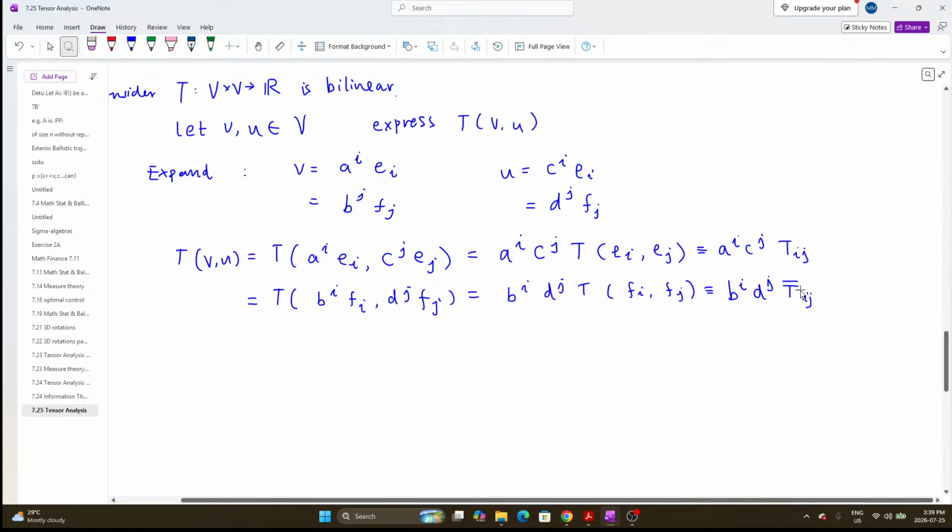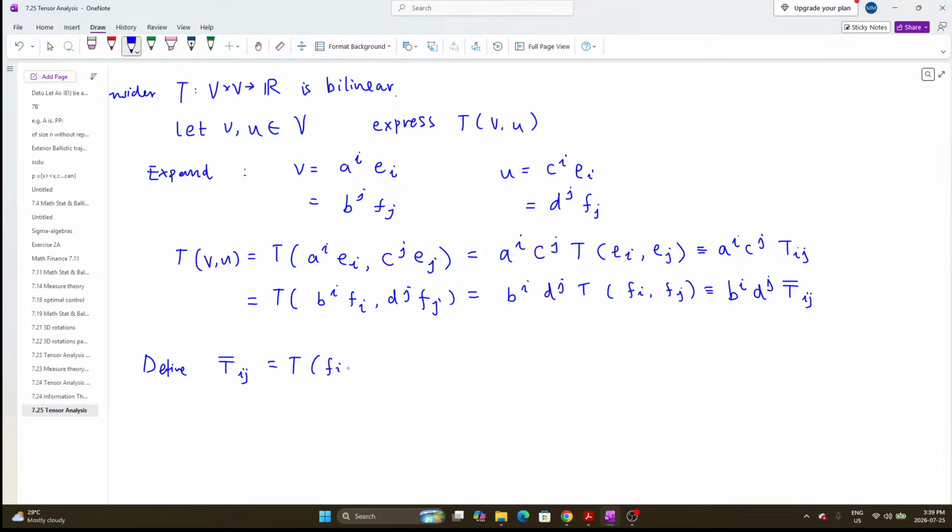Okay, so I wanted T bar. Perhaps the approach was sort of messed up. Define T bar ij to be the outcome of T(F_i, F_j). And T_ij to be the bilinear form T(E_i, E_j). Okay, this needs a transformation law.